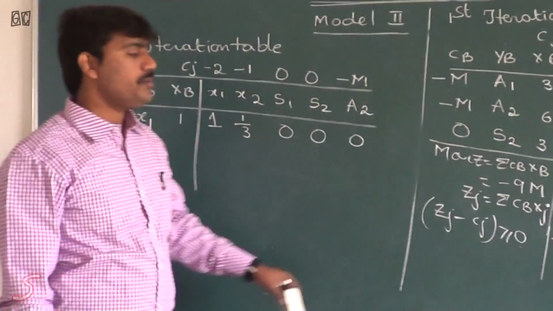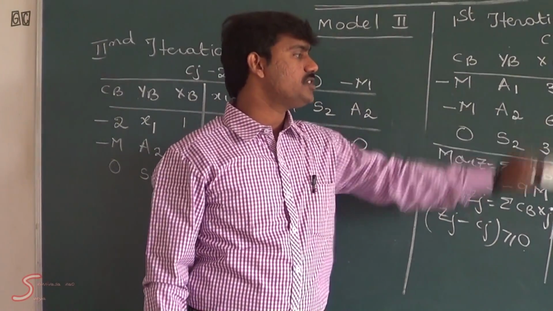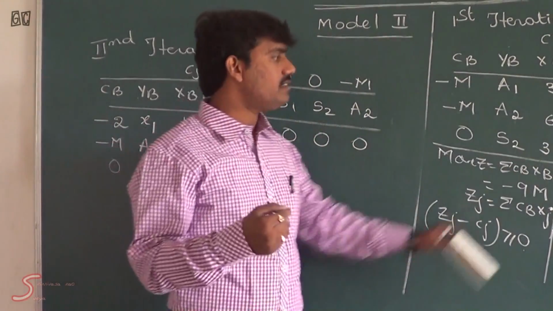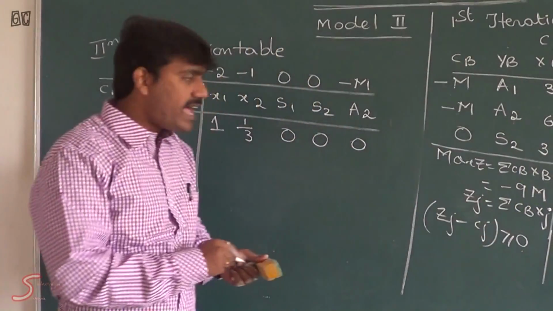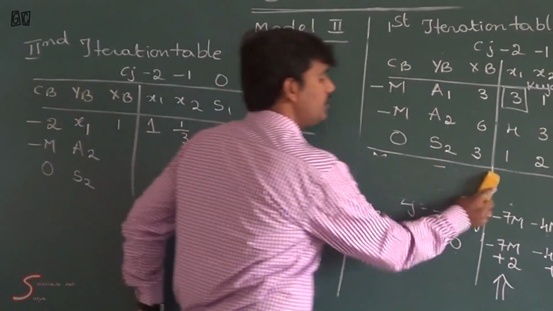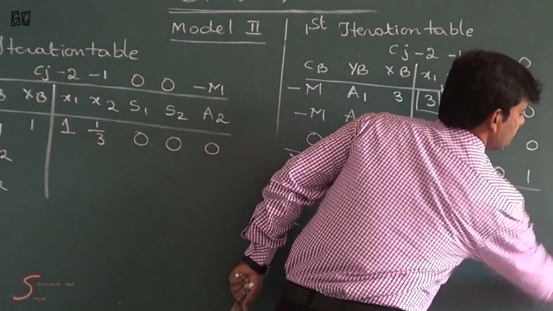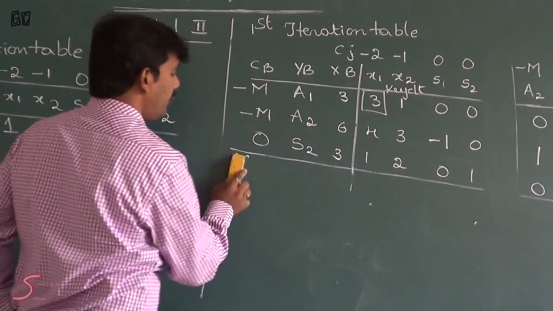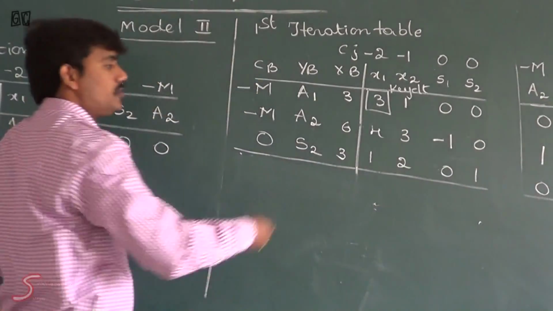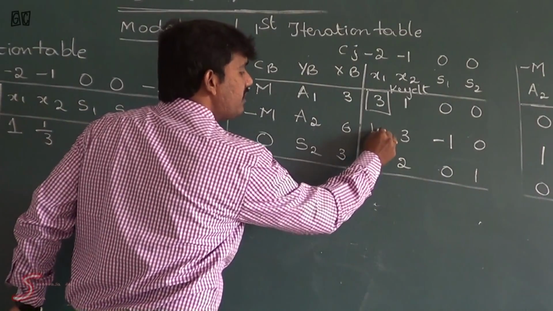After that, we have to make all the elements in the key column 0. So now I am going to make this 4 as 0 with the help of the key row. Again we have to take some sort of rough work here. Now my aim is to make this 4 as 0.